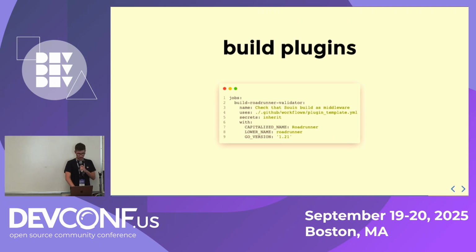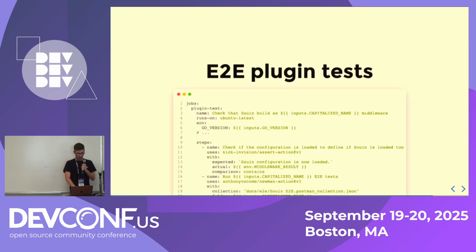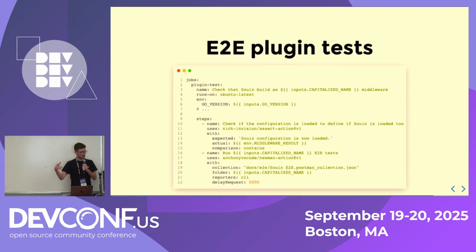For the build plugins, we have a template plugin in our GitHub workflows, and we define the name and the Go version that will be run in this plugin build test. For the end-to-end testing, we use Newman, that is a headless Postman engine.